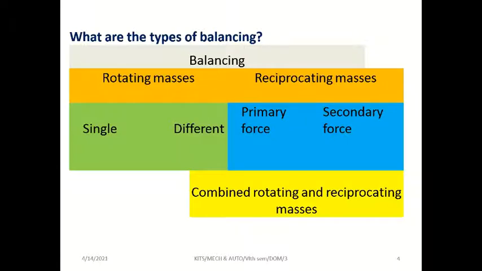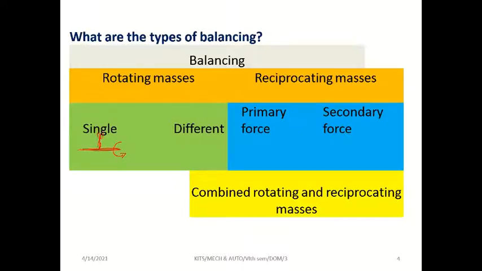So for the rotating masses and the reciprocating masses, in rotating masses, suppose there is a shaft like this, and the shaft is rotating continuously like this. And you are having a mass in this place.